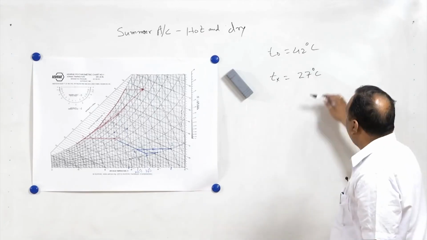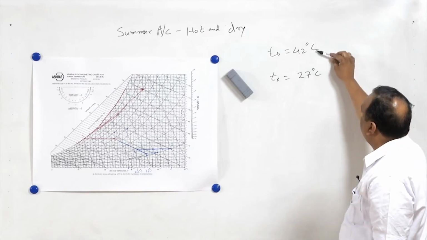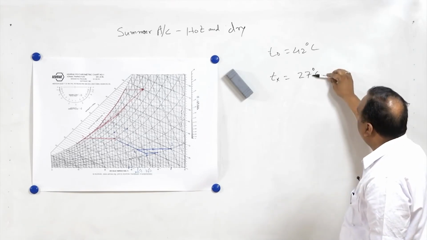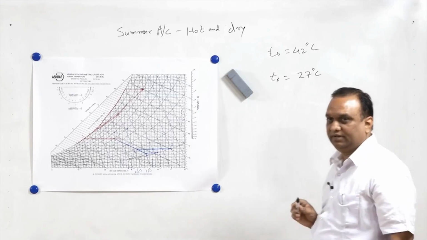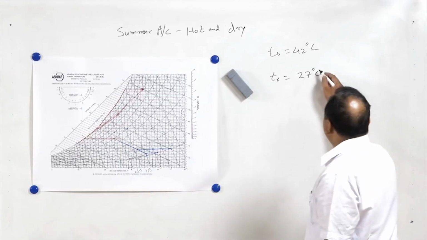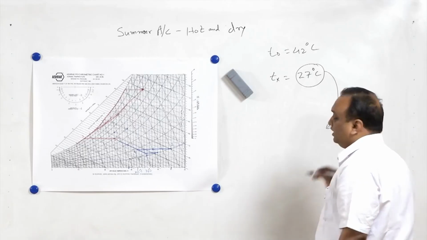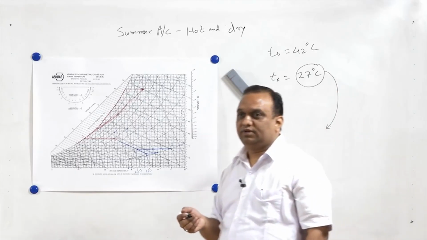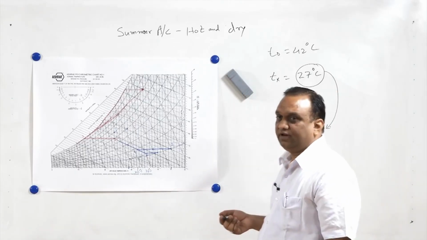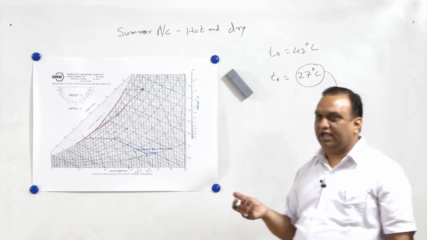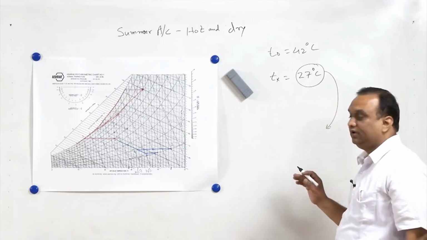So, if I want to cool this air, definitely I will be saving a lot of energy, since cooling from 42 to the required temperature is costlier than cooling from 27 to the required temperature. But I cannot use this air 100%, because if I make 100% recirculation, the quality of air will reduce, oxygen content of air will reduce, carbon dioxide content will increase, and it is not advisable.